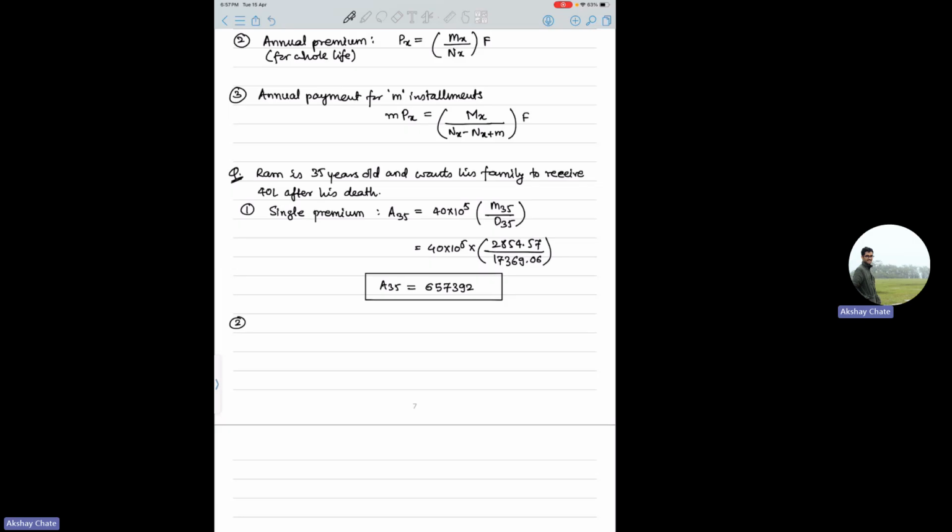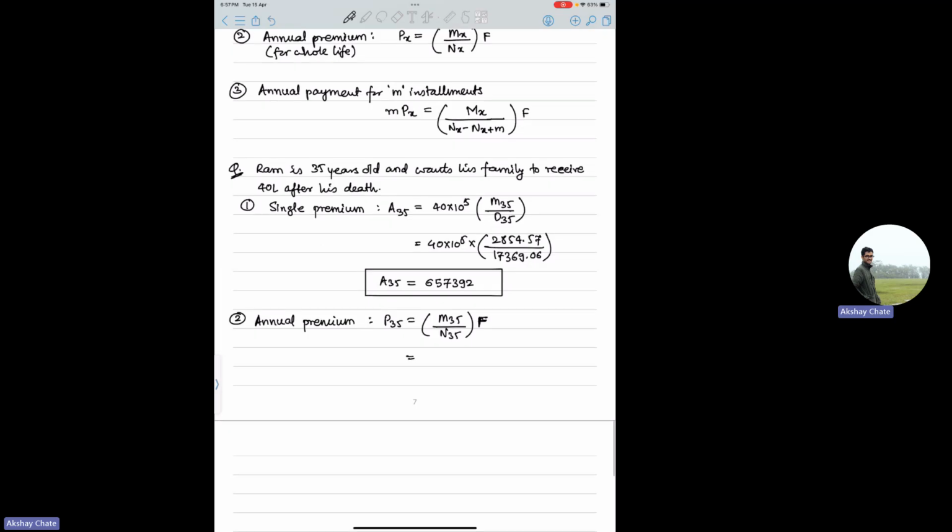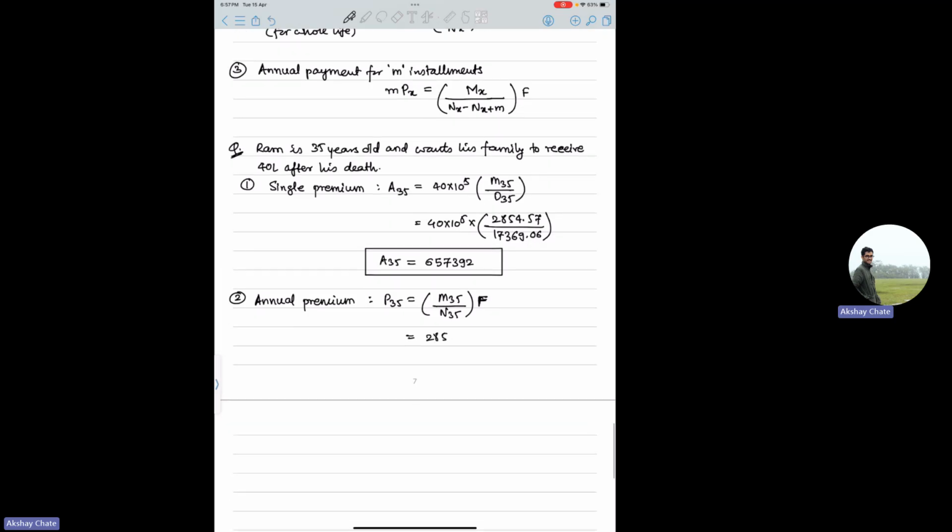So this annual premium, if he wants to do for whole life, that means P35. So that will be M35 divided by N35 into F. So F is 40 lakhs here. So M35 we already know it is 2854.57.